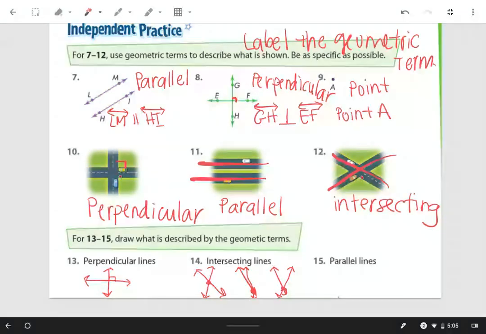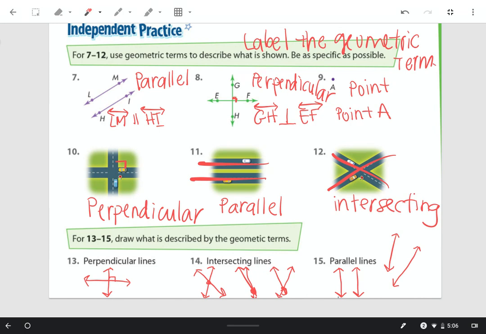And then number 15, parallel lines never cross. If you were to extend these forever and ever, they are never going to cross. Now, you might come across something that looks like this. Are those parallel lines?